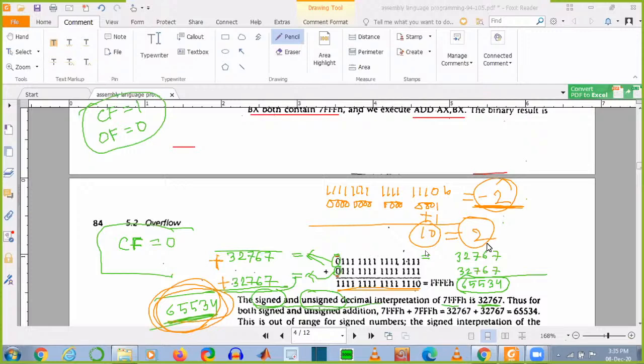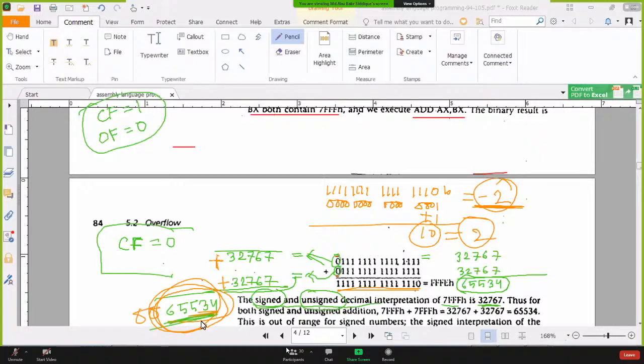It is really an impossible thing, right? You are adding two positive numbers and you are getting a negative number. It is not possible in real life. It is only possible in sign number in computer. So if you count 32 bit, it should be 65534, and you can store the exact result in 32 bit.